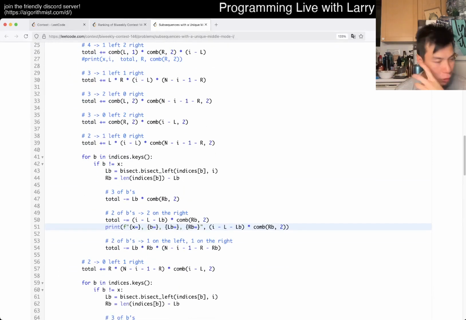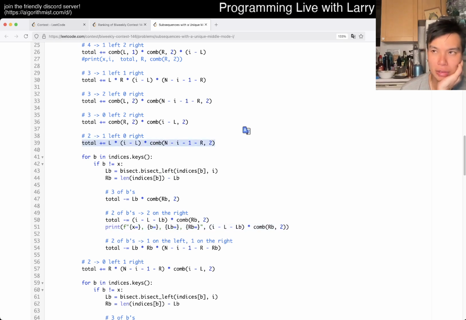We subtract overcounting, but it only overcounts if we have, we have to, okay, maybe this thing is a little bit silly because I think I overcounted. Actually, yeah, no, I think the way that I'm doing it with the removal is a little bit silly.